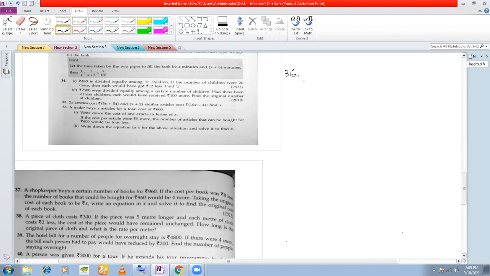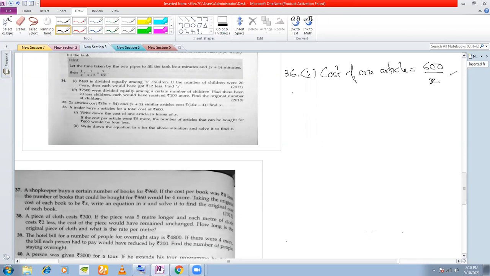So the first answer: cost of one article is equal to 600 by X. Next is, if the cost per article were rupees 5 more, the number of articles that can be bought for rupees 600 would be 4 less.